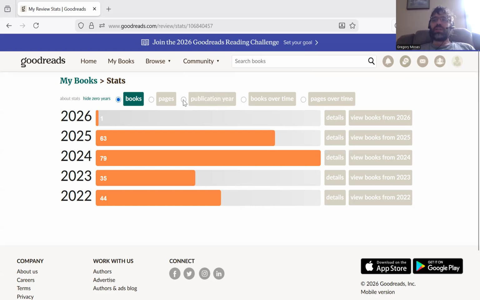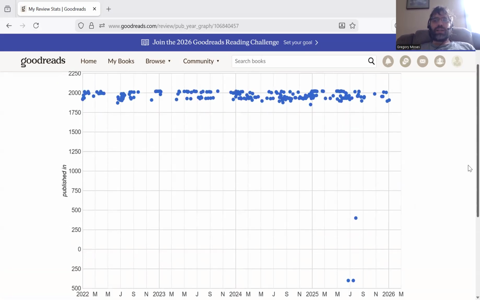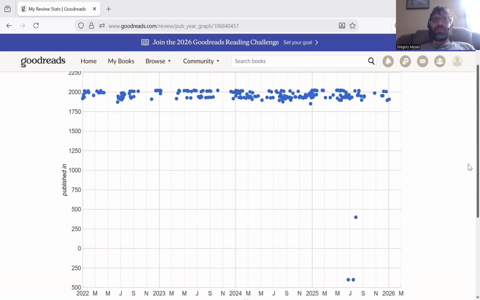And I'm going to click this, and it's going to pull up a scatter plot. And the scatter plot, as you see, is going to be basically unreadable. We've got these huge ticks on the y-axis, the publication year axis.